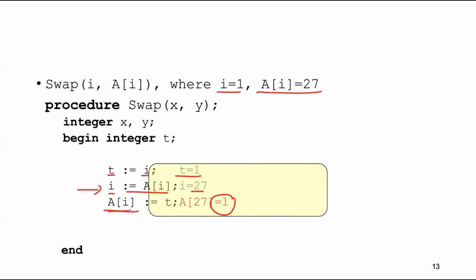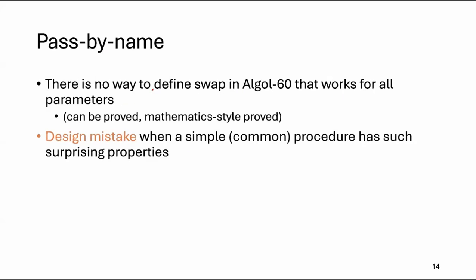So you see that whatever we send to the swap, whether A of I first or I first, when we call the swap procedure it does affect the behavior and totally messes up the swap function. They found that there is actually no way to define swap in Algol 60 that works for all parameters, and it can be proved in a mathematical-style proof. So it's a big design mistake when a simple, common procedure has such a surprising property in how it behaves.